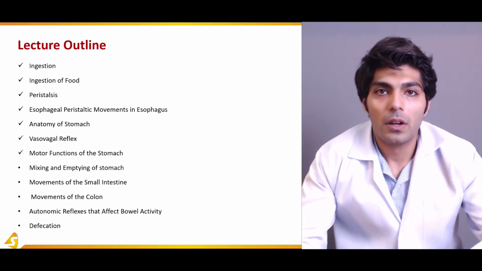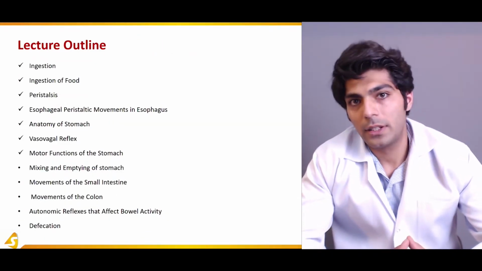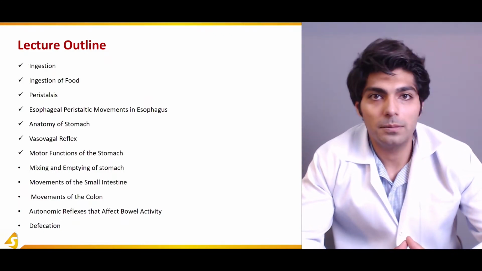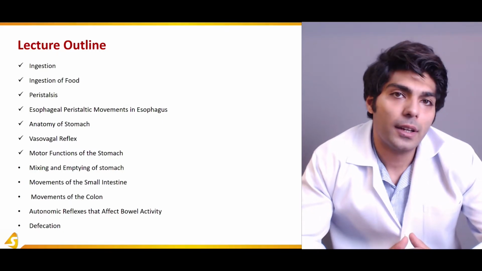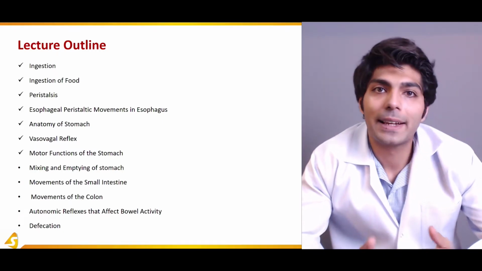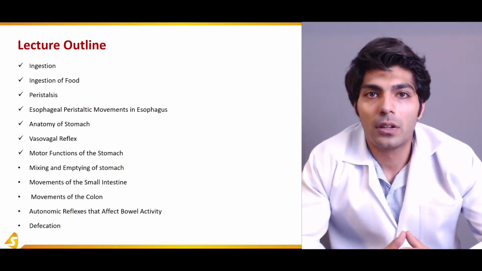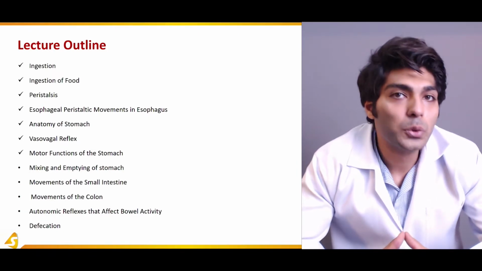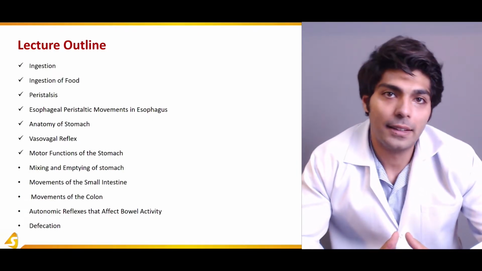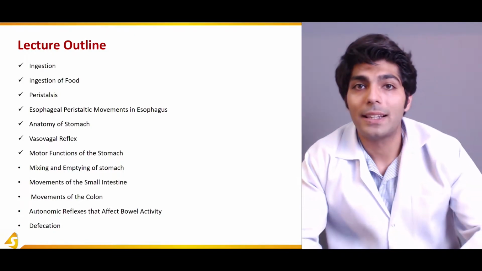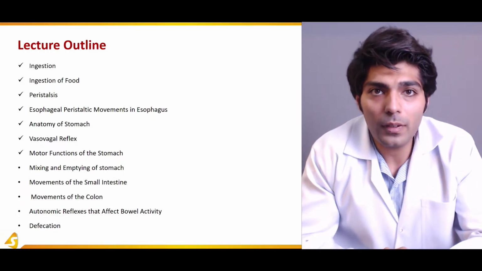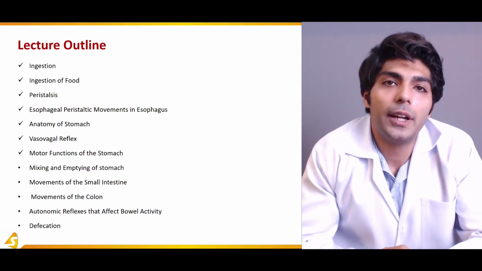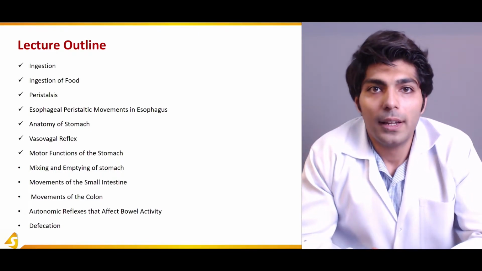So up till now we have discussed the process of ingestion. Once a bolus of food enters the mouth, there is a mechanical breaking down of food by the teeth. Then salivary enzymes, amylases, further break down the food into more digestible forms.